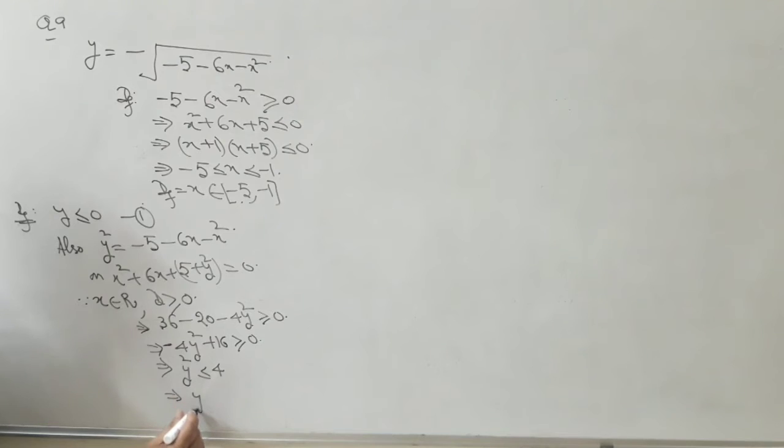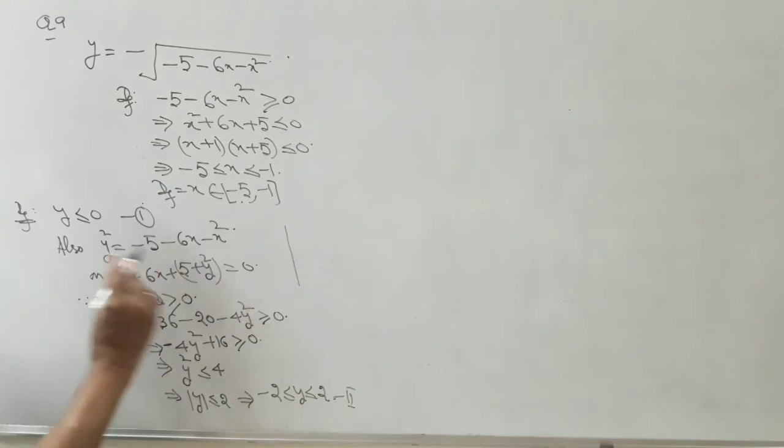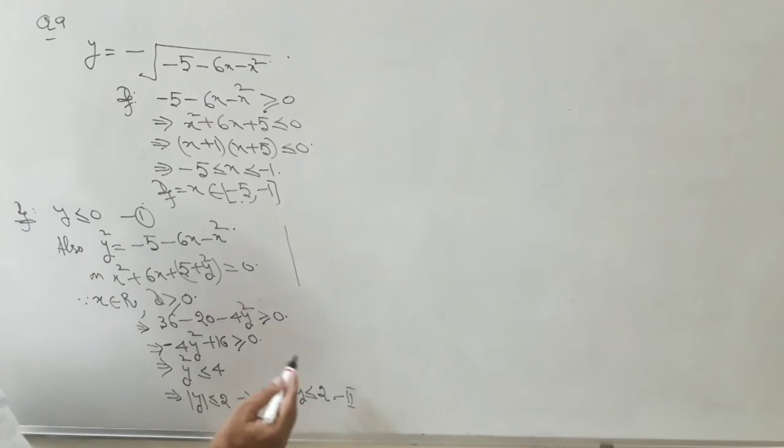Implies modulus of y less than equal to 2. This implies further minus 2 less than equal to y less than equal to 2. This is number 2. Now see, from first and second, it is clear that y is negative, it is not possible otherwise.